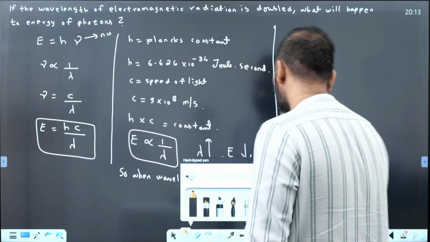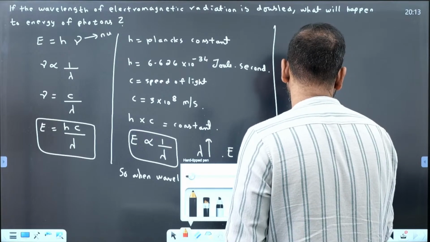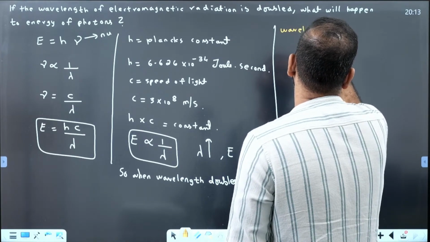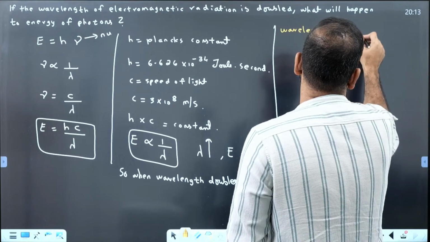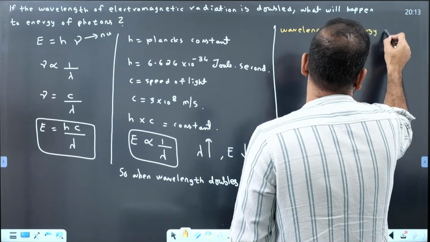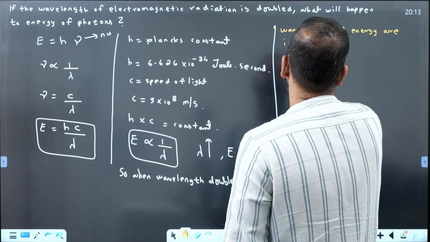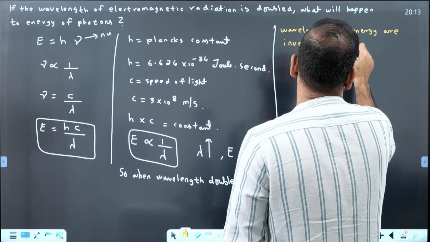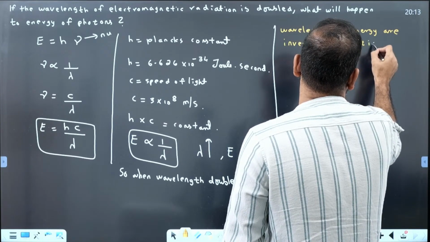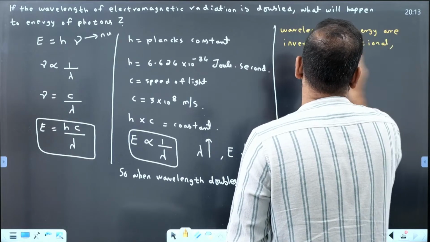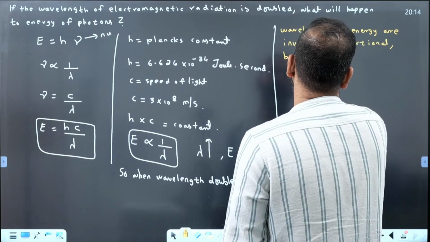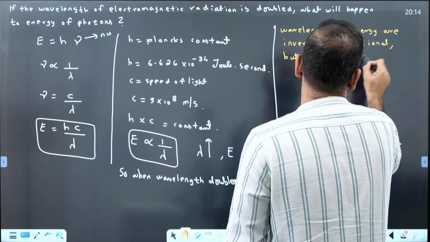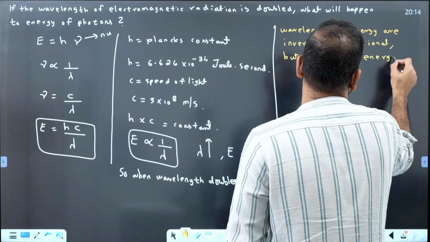So we are understanding that wavelength and energy are inversely proportional, but frequency and energy are directly proportional.